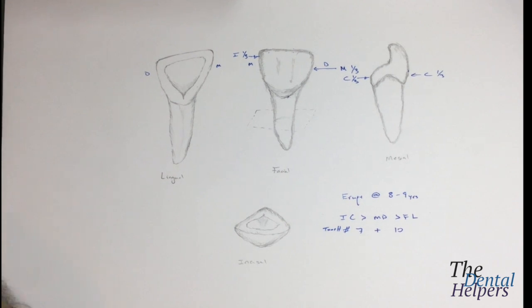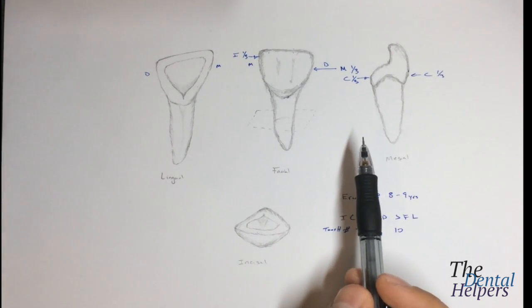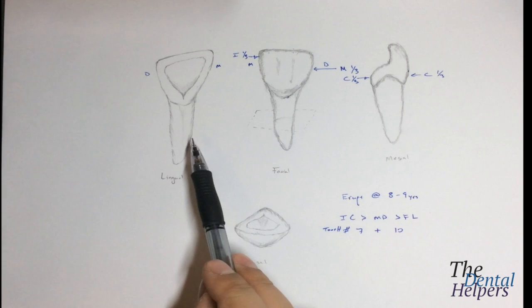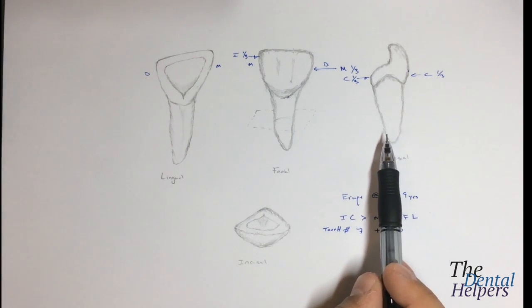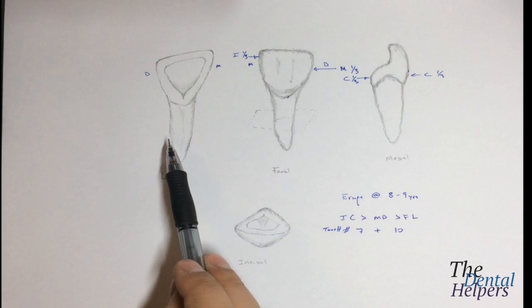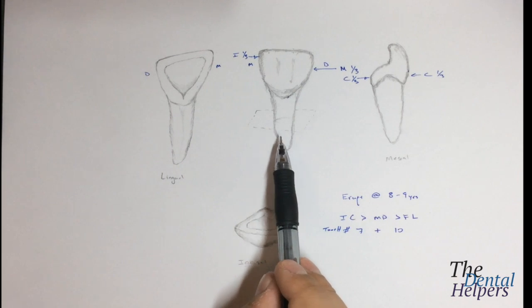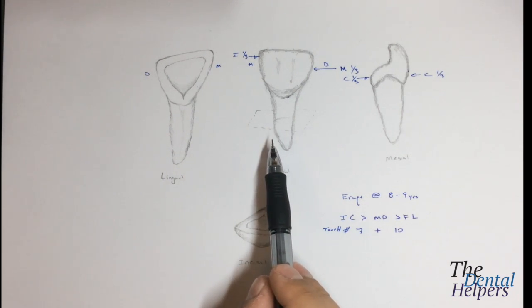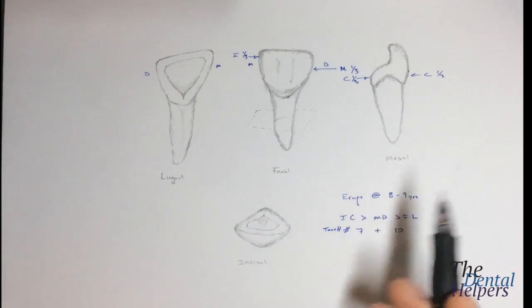So if you ever hear that name peg lateral, just know that what we're really talking about is there's a developmental change that occurs, resulting in your maxillary lateral incisors looking significantly smaller than the normal maxillary laterals. So it's termed as a peg lateral.